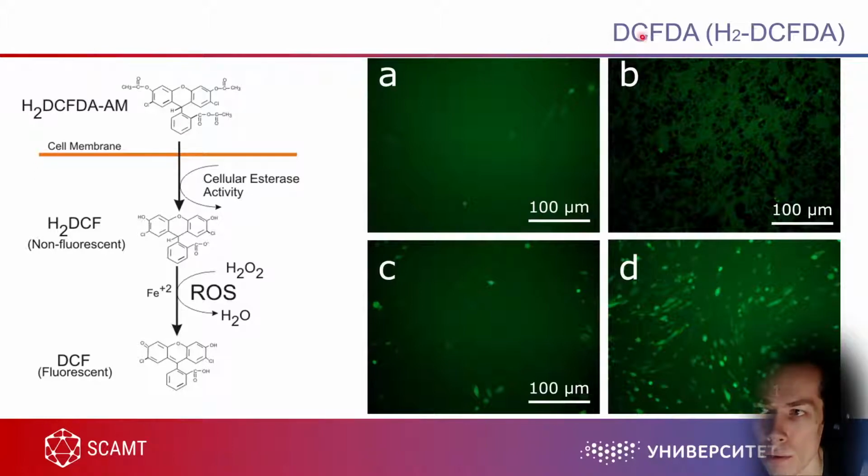And how does the CFDA work? In the first stage, after penetrating the cell membrane, some cellular esterases cut off the diacetate part of this dye, and reactive oxygen species, especially in the process of the Fenton reaction, cut again this part, and as a result you obtain fluorescent dye.